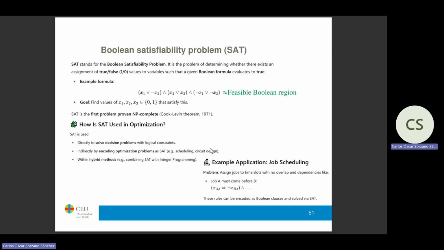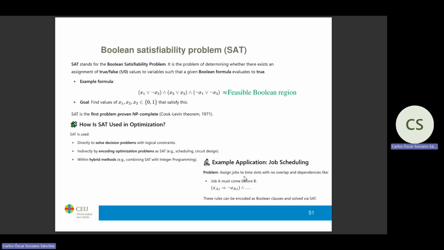Somehow in scheduling, in circuit design, the conditions that you have there can be formulated as a SAT problem. And also you can combine SAT conditions with integer programming conditions. So the solution has to be larger than 7.